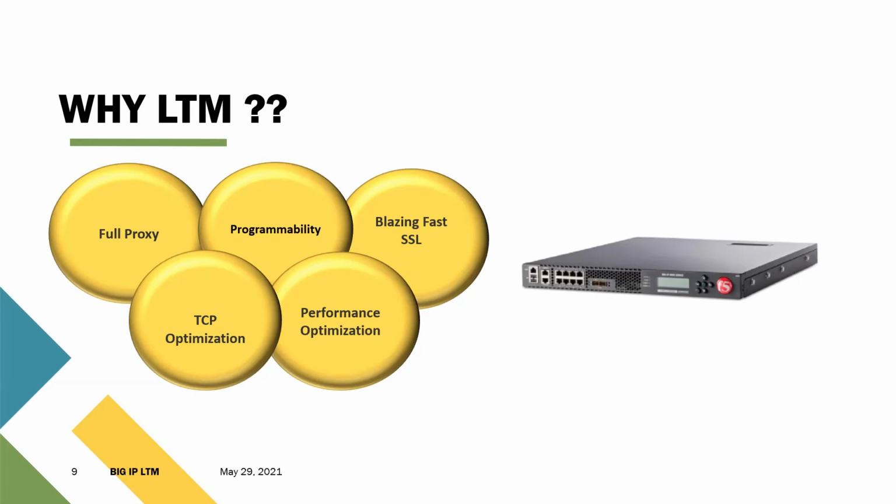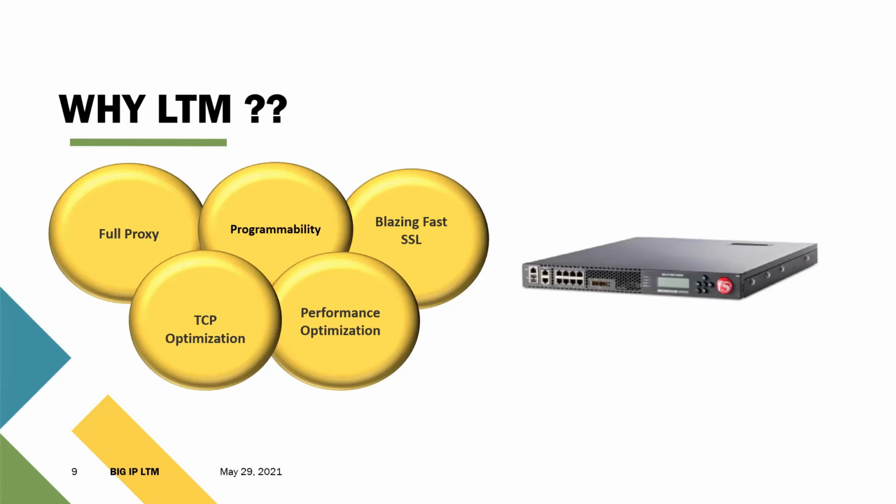So the next interesting thing is programmability. Again, I'm coming to the same point. It is not just about having an IP address and binding more than two servers behind that IP address. It's not that. So why am I saying it again? Because with these LTM boxes, as I mentioned earlier, all your traffic passes through this box.